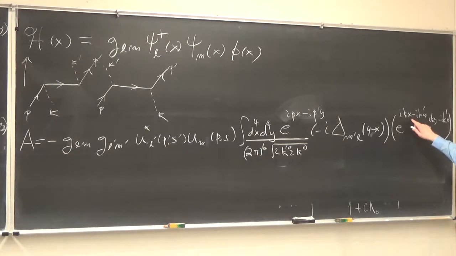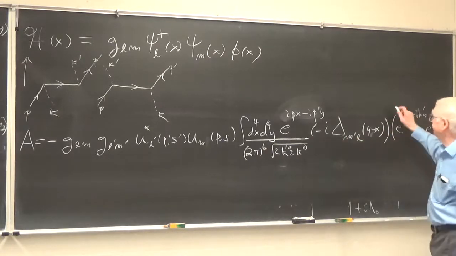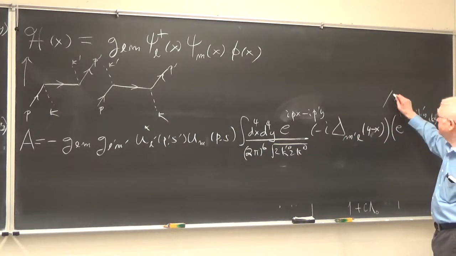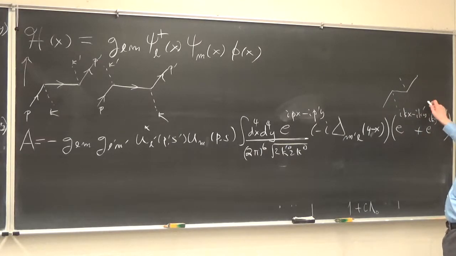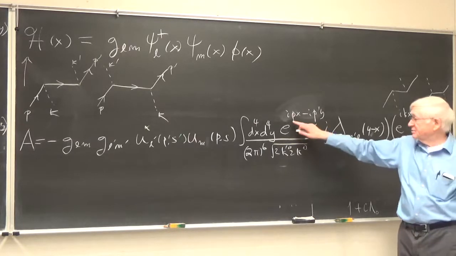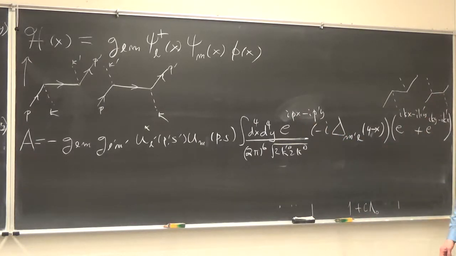So this one is the first diagram, whereas this one is the second diagram. You can see that this is the second diagram because in this case, at x, you're creating the scalar boson: the minus i k prime x is due to the creation operator of the scalar boson, and the i px is the annihilation of the incoming fermion.